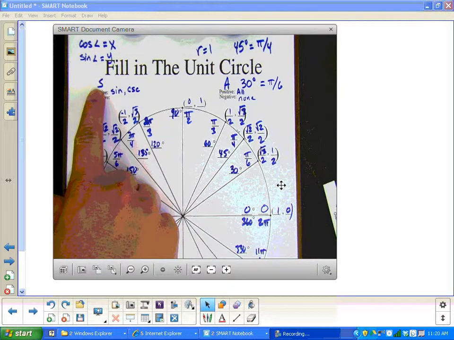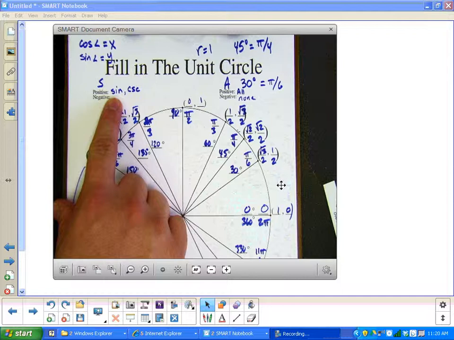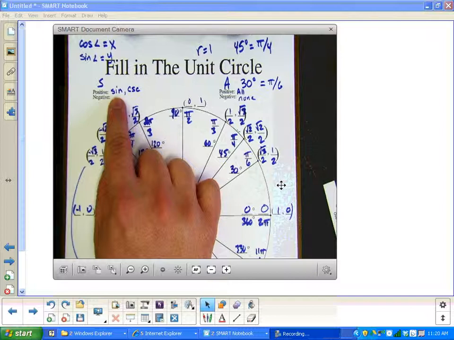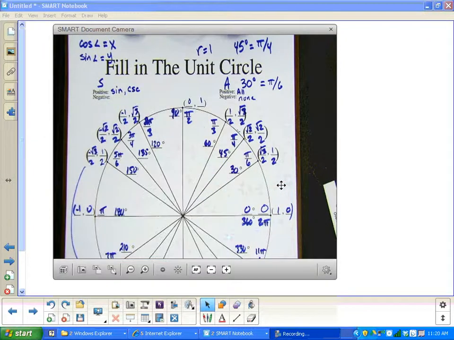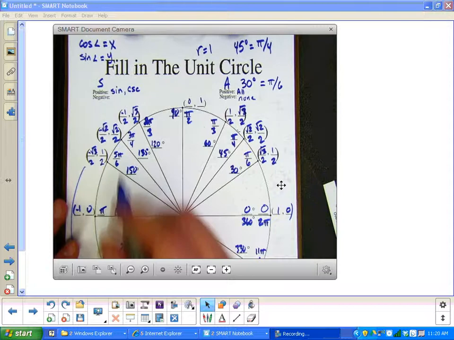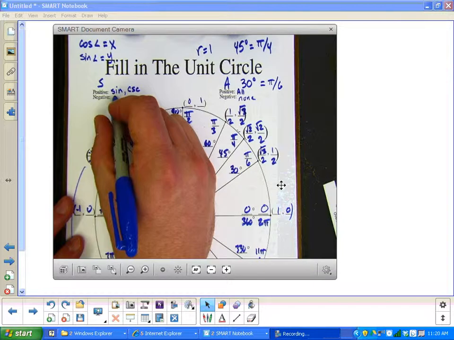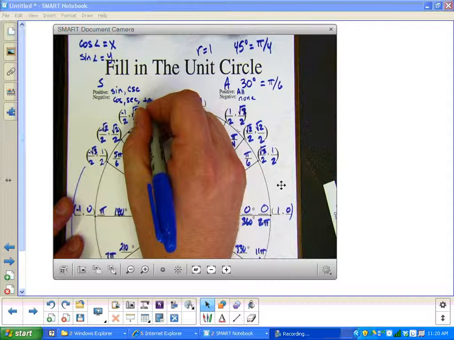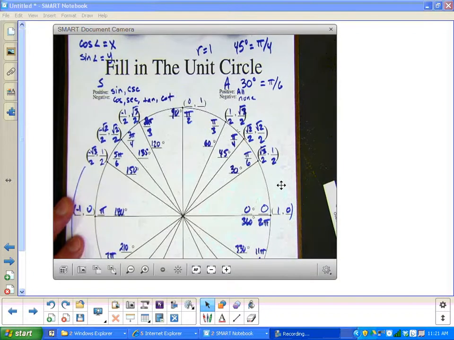All right, S is for sine. So if sine is positive, then the reciprocal of sine is also positive. So if sine is positive, cosecant is positive. Now, which ones are negative? The rest of them. So let's list the rest of them, which would be cosine, secant, tangent, and cotangent.